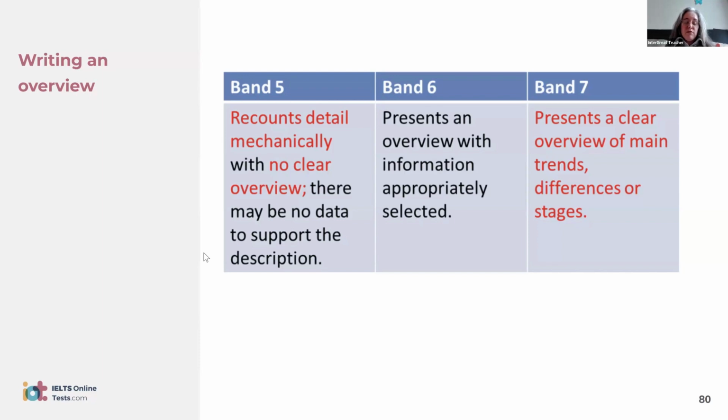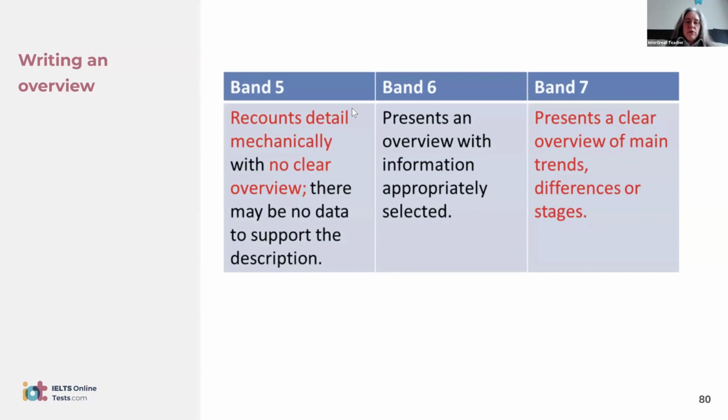Remember, the general overview is the second paragraph in your response, and it's the paragraph where you explain what the information shows in general. It's really important that you have that because not having it is really bad for your band score for task achievement or task response.